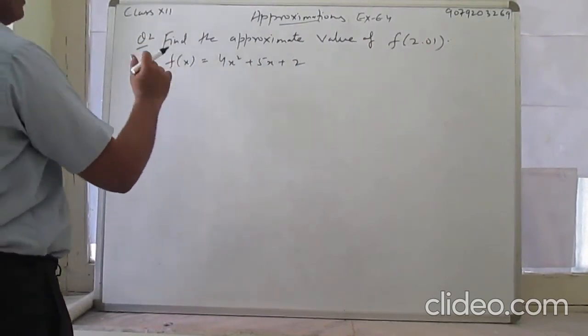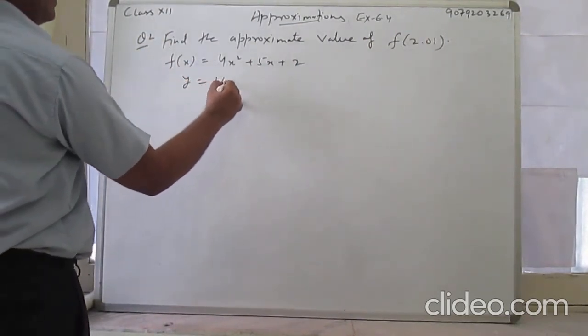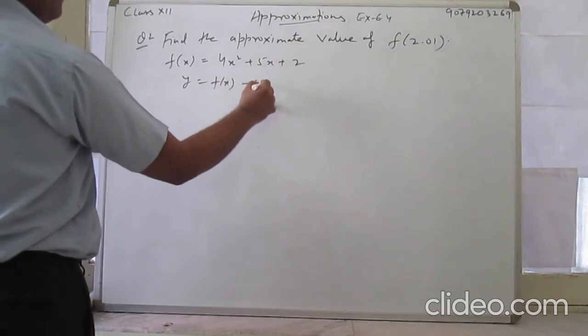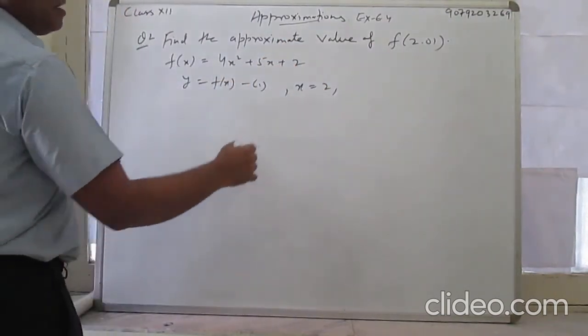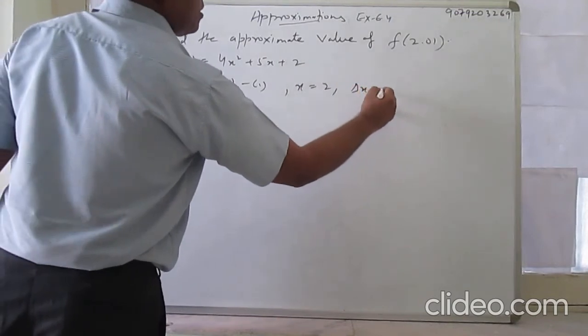This is f(x), so y is equal to f(x). This is equation 1. In this you can take x equal to 2 and delta x equal to 0.01.